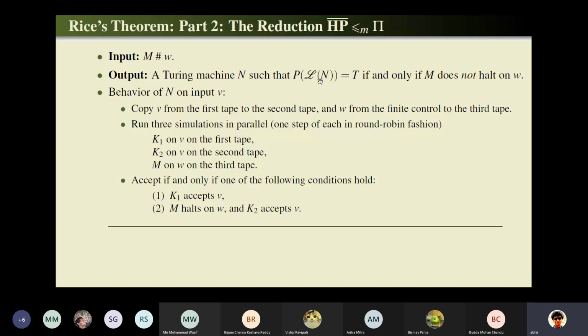So the language of N and the language of K1 will be the same. M does not halt on W implies N can only accept by condition 1, which is L1, and we know that L1 satisfies this property P.